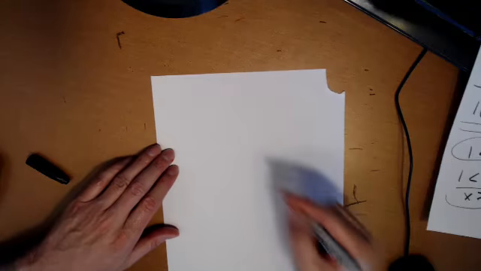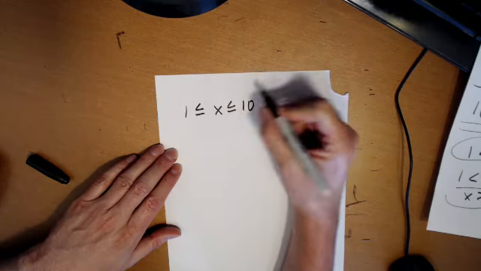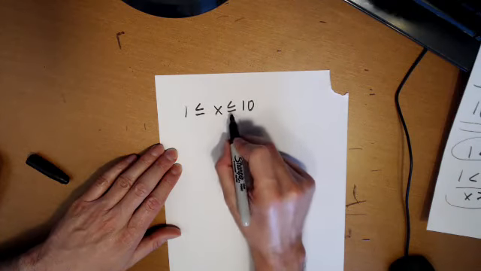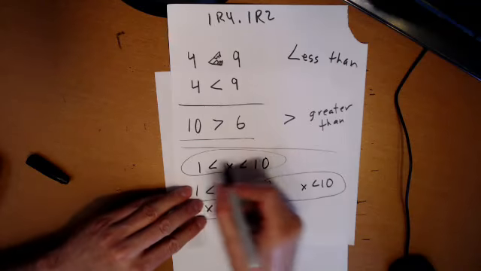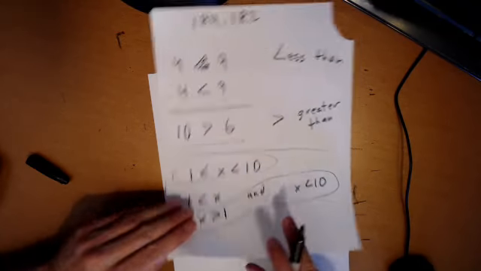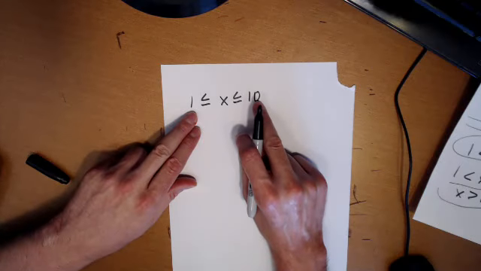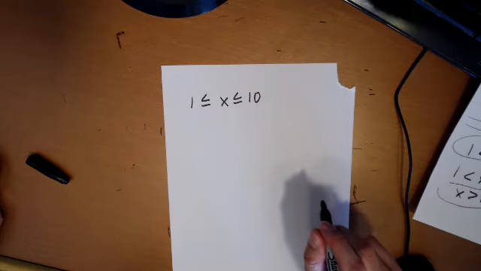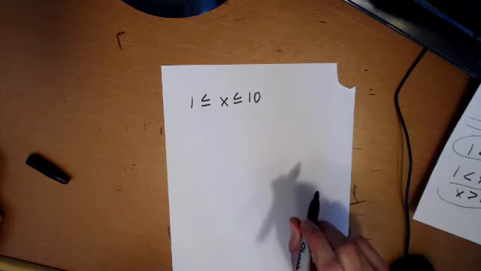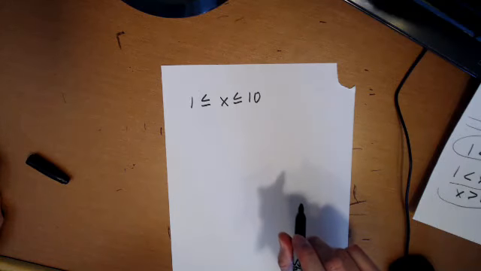If I wanted to say pick a number between 1 and 10, it can be equal to 1 or it can be equal to 10, that's much different than what we had right here. This could not be equal to 1 or 10. Here, it could be equal to 1, it could be equal to 10. Okay, what's the difference between those symbols? Okay, we got that. We're doing good.